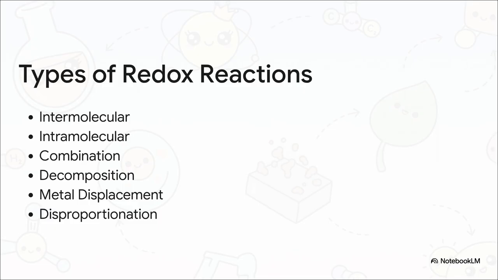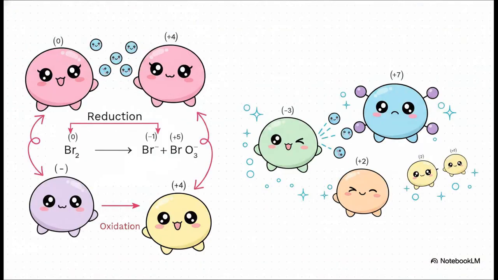Chemists classify them in all sorts of different ways, all depending on how and where the electrons are moving, which gives us this whole variety you see here. For example, on the left, you've got this wild process called disproportionation. In this reaction, the very same element, bromine, is both oxidized and reduced at the same time.